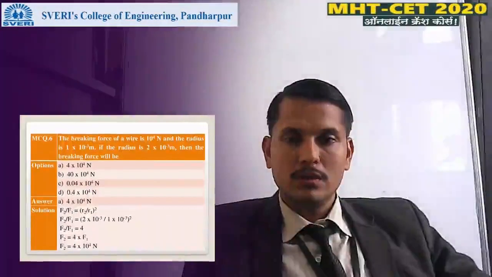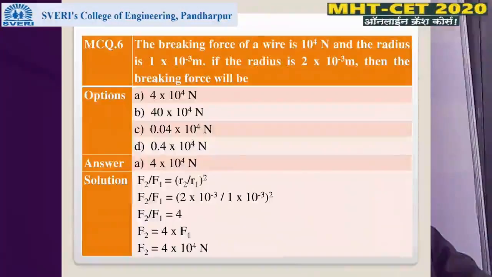Move to the next MCQ. Next is: the breaking force of the wire is 10⁴ Newton and the radius is 1 into 10⁻³ meter. If the radius is 2 into 10⁻³ meter, then the breaking force will be? Here the radius changes, so we have to know what happens if the radius changes. For that we compare F1, R1 and F2, R2. We take the ratio F2 upon F1, as we know that it is proportional to R square.